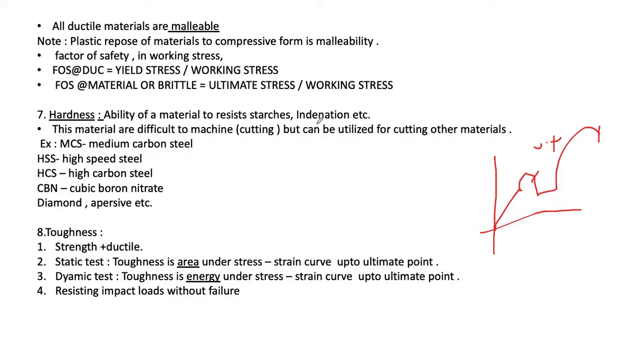Toughness is strength plus ductility. Strength is nothing but the ability to resist load without going into deformation. Ductility is nothing but which can be drawn into wires, or we can say that when a tensile load is applied without going into permanent deformation, it does not fail. Static test, which is nothing but toughness, is the area under the stress strain curve up to the ultimate point.